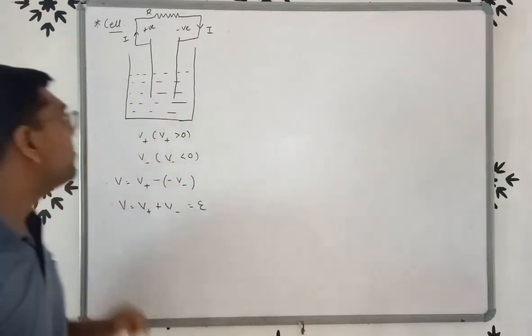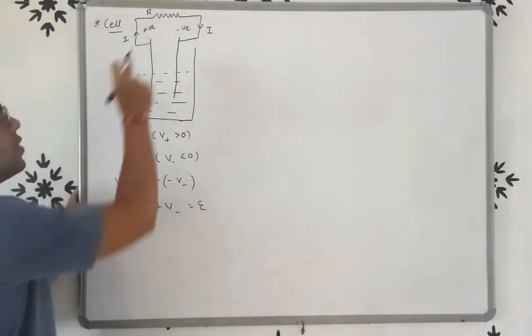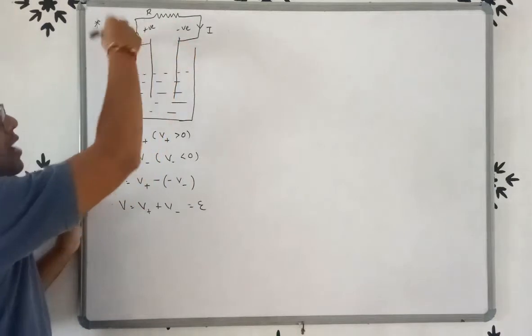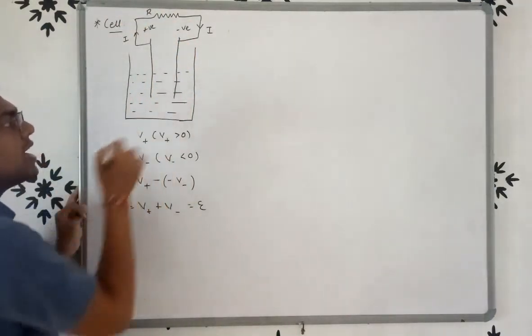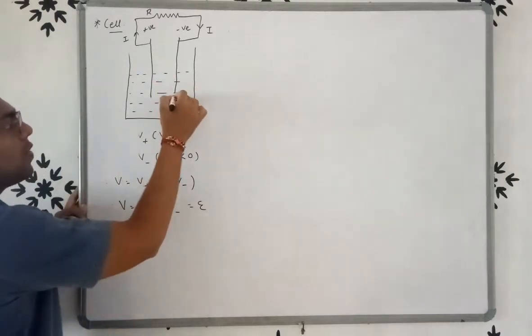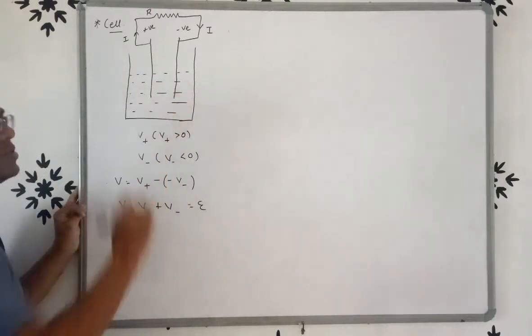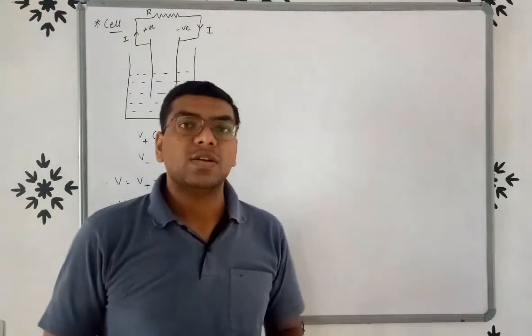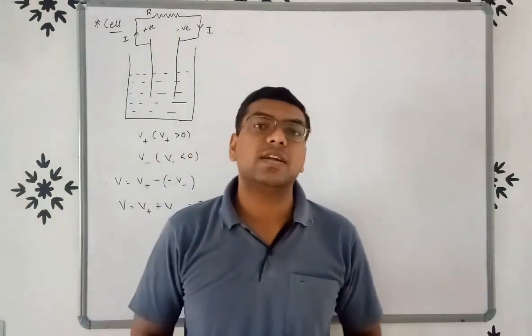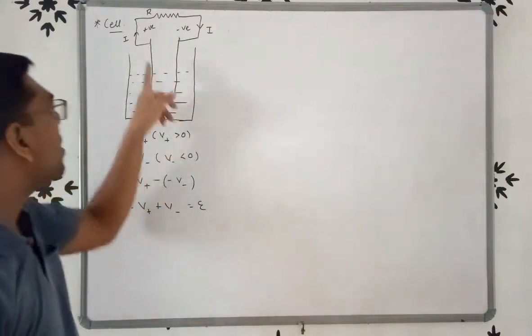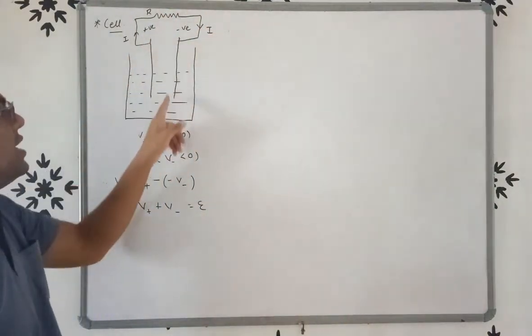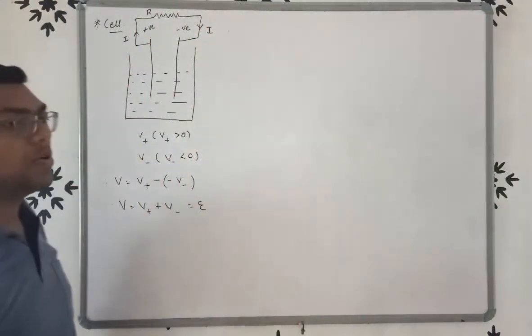So inside the cell the direction of current is from negative to positive, so a closed loop occurs. So there are two directions of current: outside the cell positive to negative, but inside negative to positive.